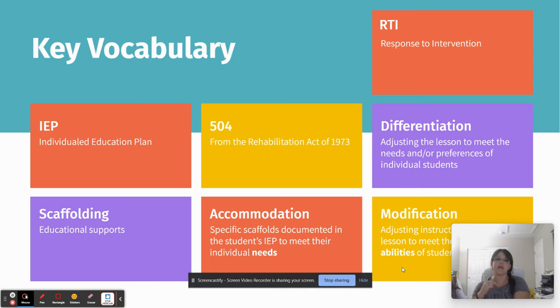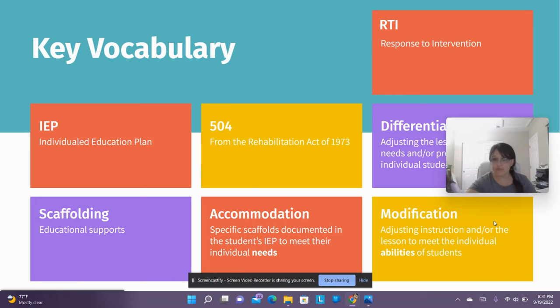It's kind of like making sure they're all learning the same thing, but how a student learns it might change based on that accommodation. Whereas a modification is adjusting the instruction or the lesson to meet the individual abilities of students, right? So modifying a lesson could actually change what the student is learning, not just how they're learning.